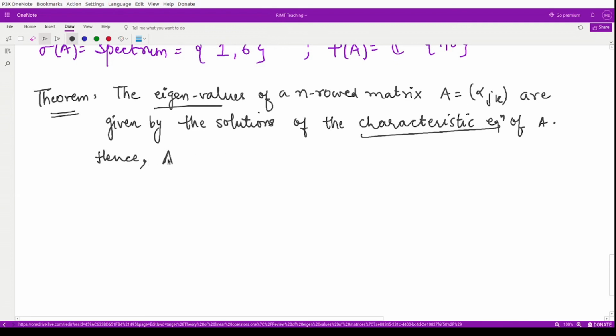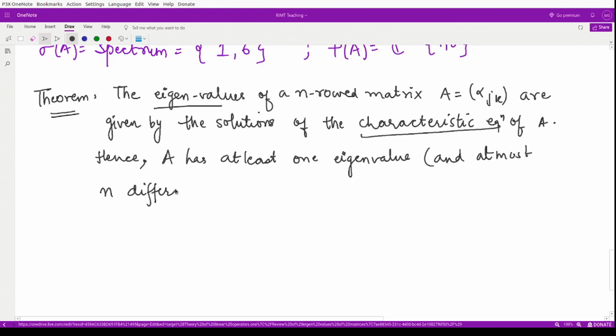So hence A has at least one eigenvalue and at most n different eigenvalues. This is a result which comes from the fundamental theorem of algebra, if you remember that, which tells you about the roots of that particular equation.